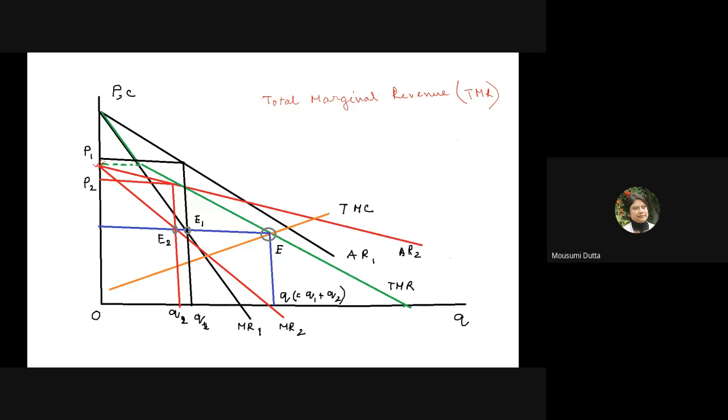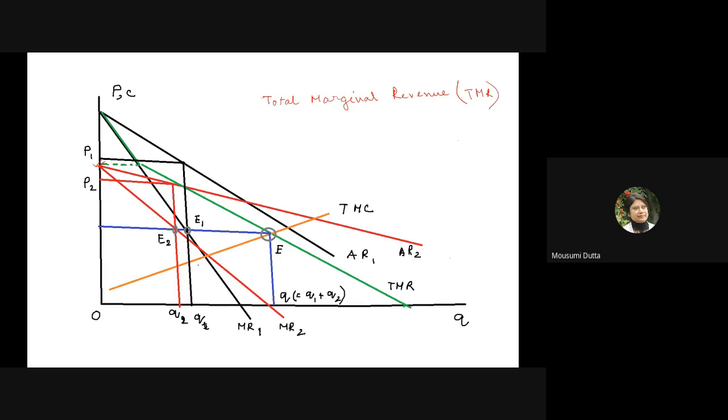So up to this point, we have only the first market, and part of the TMR will be given by this. Now, starting from this point, we have MR2 as well. So at each and every point of the black line, I have to add MR2.